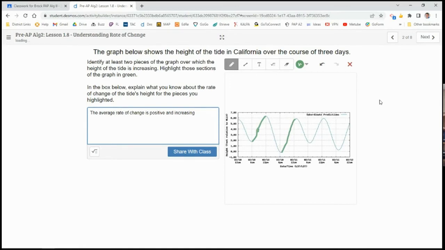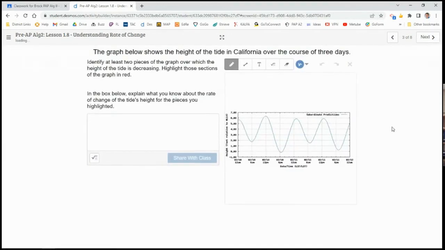All right, if you get done with that page, let's go to page 3. Same chart. Okay, this graph, they want us to identify at least 2 pieces where the height is decreasing and do that in red. So they want us in red for wherever you see the tide decreasing.